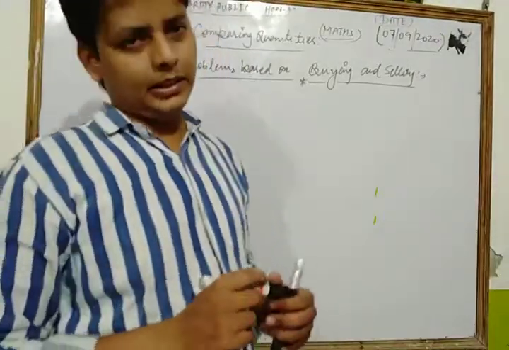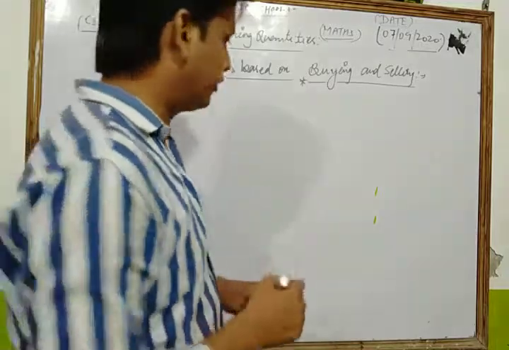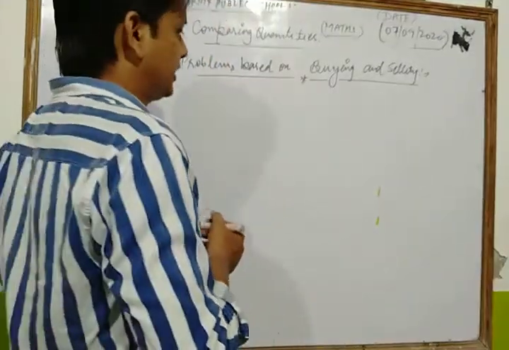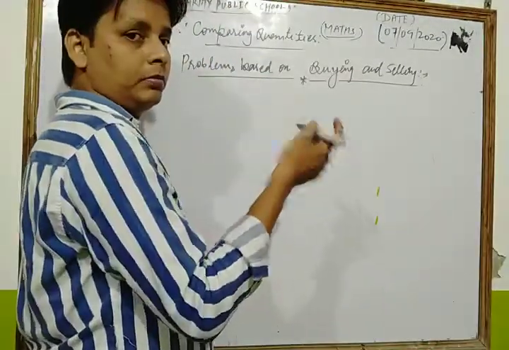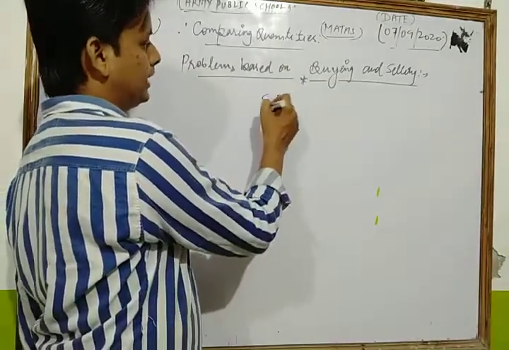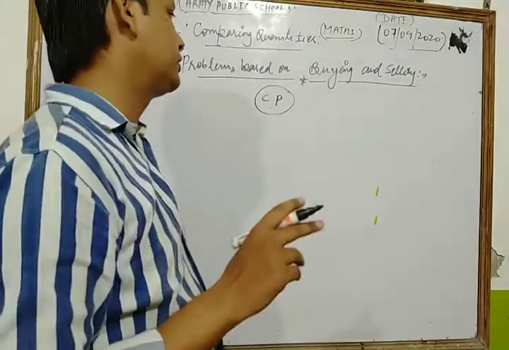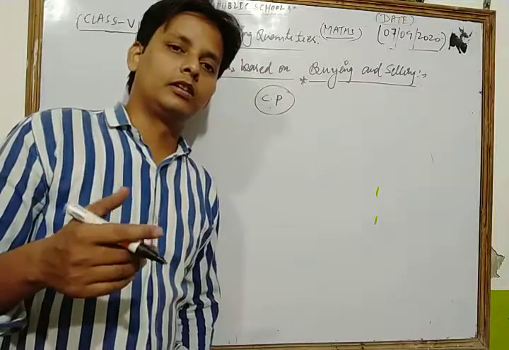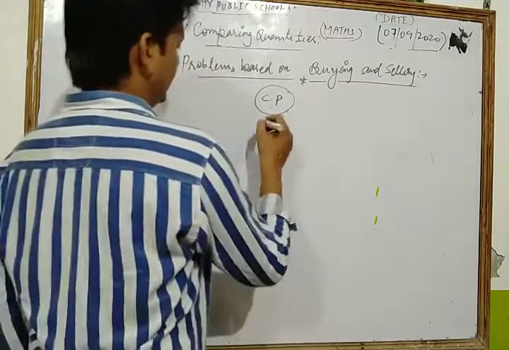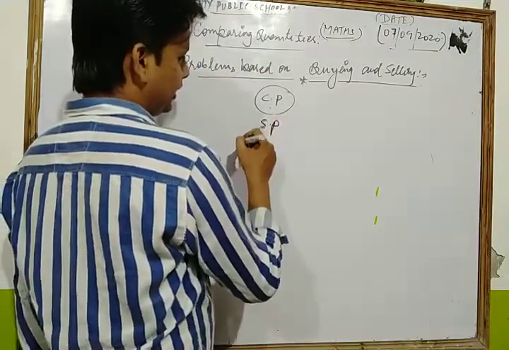Now let's see. Dear students, suppose when an object is purchased, that price is said to be the cost price, and the price at which any object is sold is the selling price.